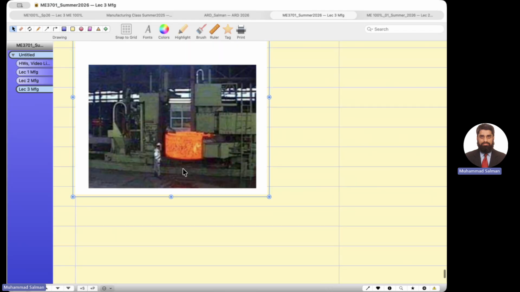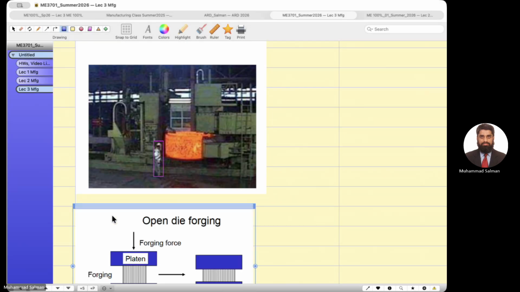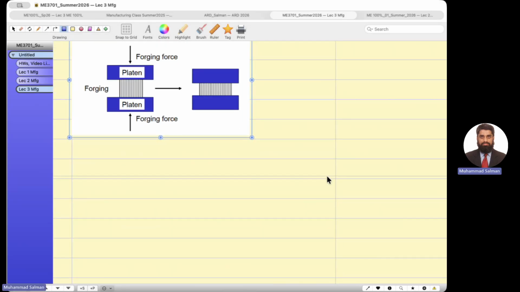The person is very, very small in this case as compared to the big ring forged material. Maybe they are being used in marine vessels where we have big, big engines. Forging force reduces the height of the material.